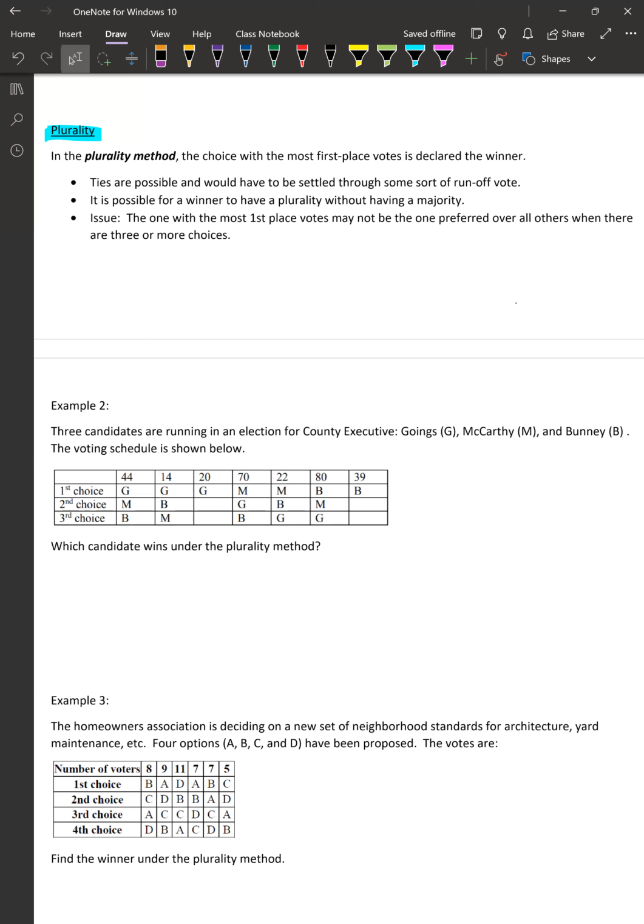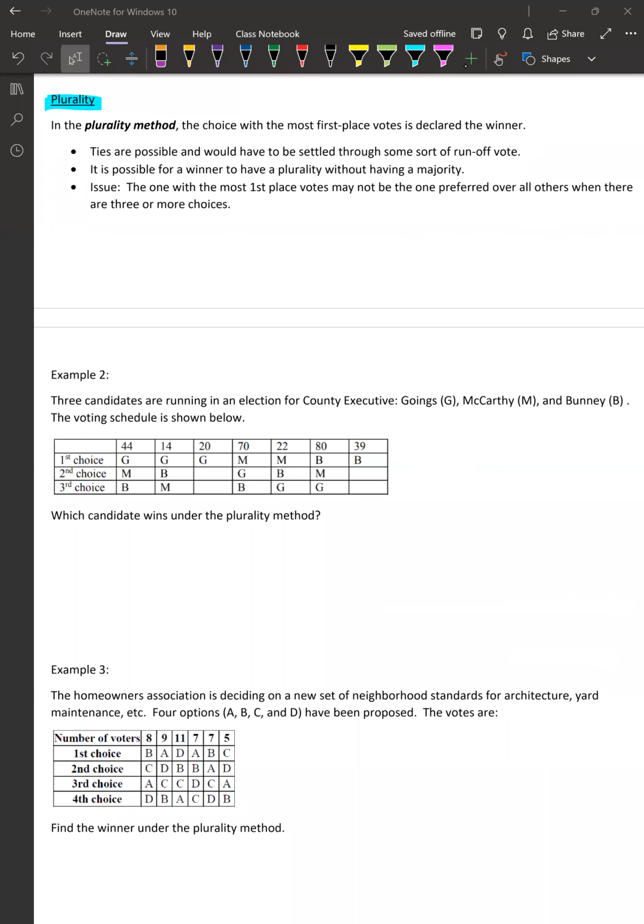And then the issue here is that the candidate with the most first place votes may not actually be the one preferred over the others by the majority or a lot of the voters.